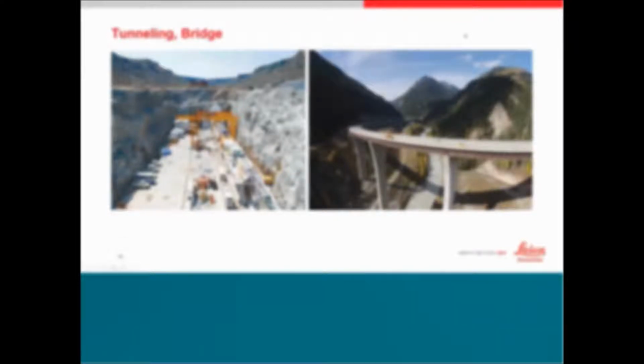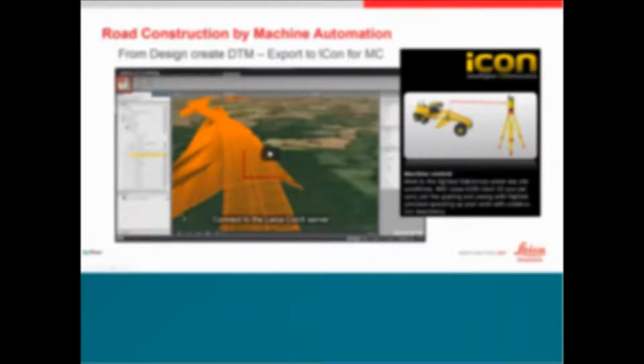It can also be tunneling if you are going through mountains. Then they may have to build a tunnel through the mountains, or build a bridge to connect across valleys or rivers. And if it's a large-scale road construction project, you may want to think about machine control.